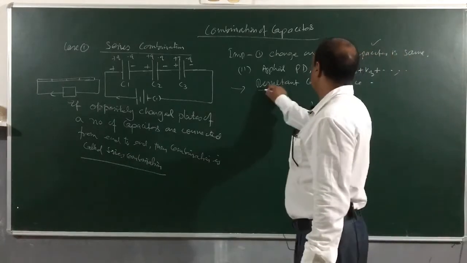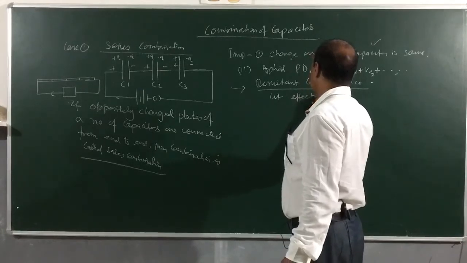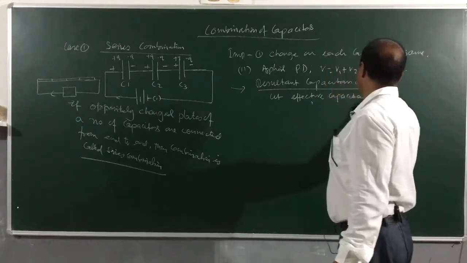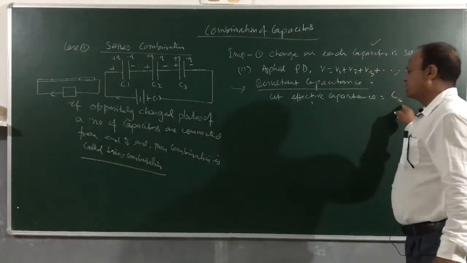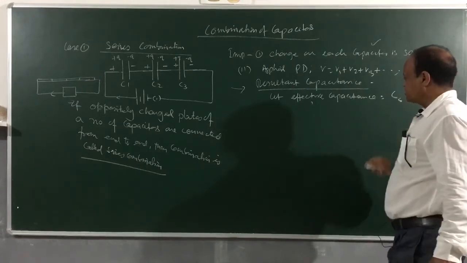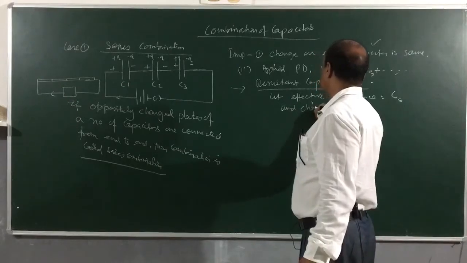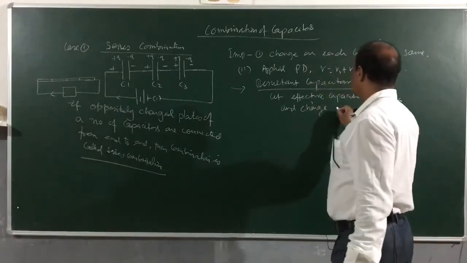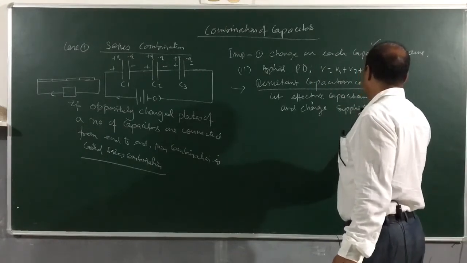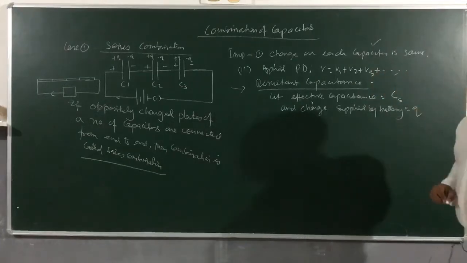I will say let the effective capacitance be CS. S for series, C means capacitance and S is for series combination, and the charge supplied by the battery is equal to Q. So we assume two things.